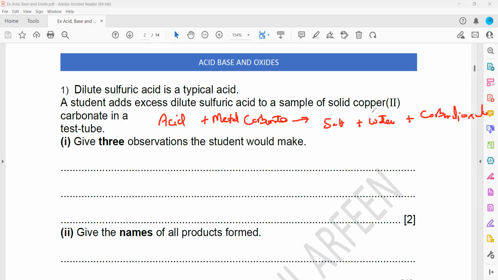Because it's sulfuric acid, the salt produced is a sulfate. So copper carbonate reacts with sulfuric acid to give copper sulfate, water, and carbon dioxide.